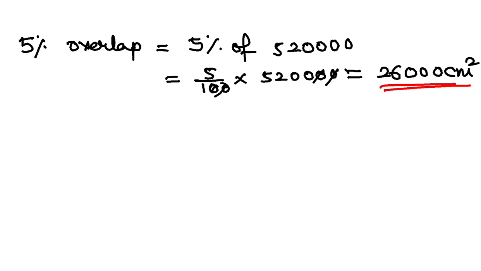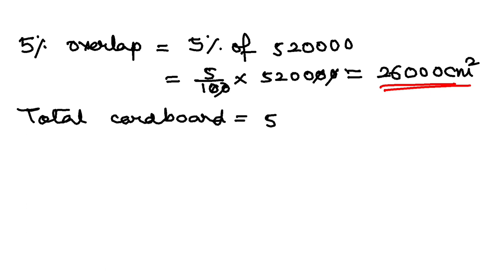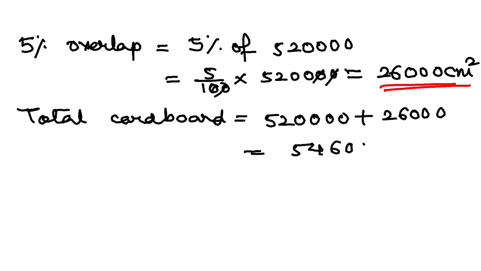So now the total amount of cardboard that will be required is this 520000 from the boxes plus this 26,000 from the extra. So this will give us a total of 546,000 cm square.